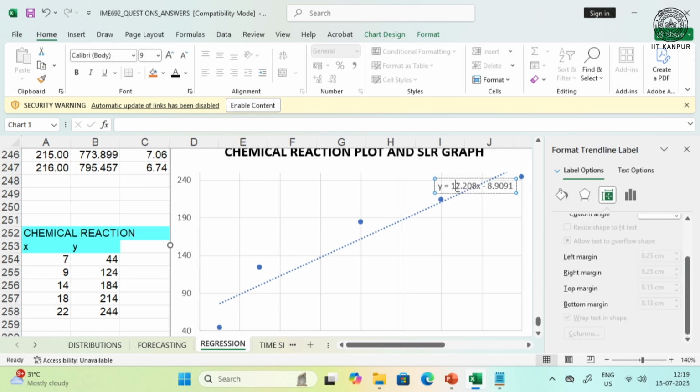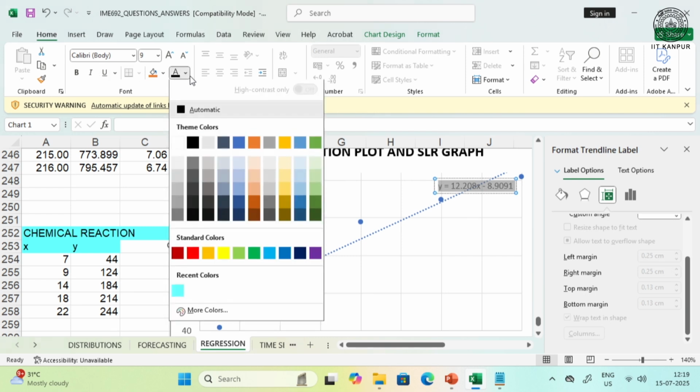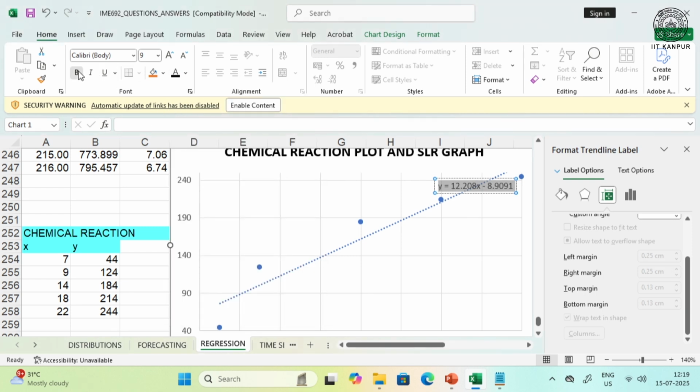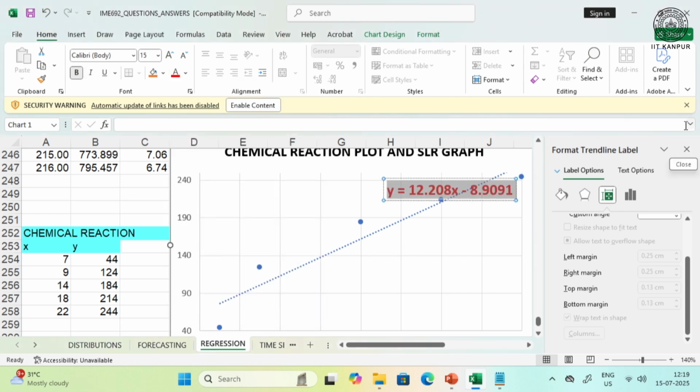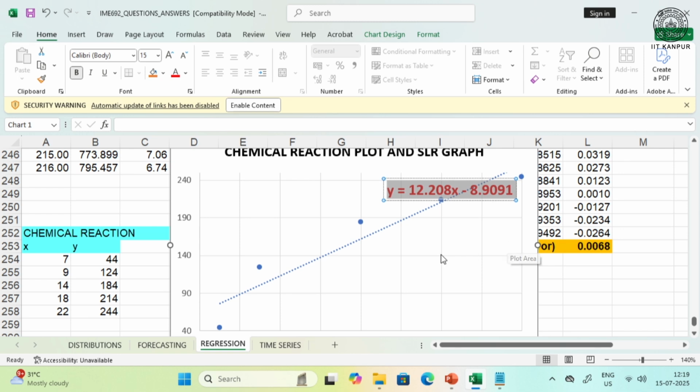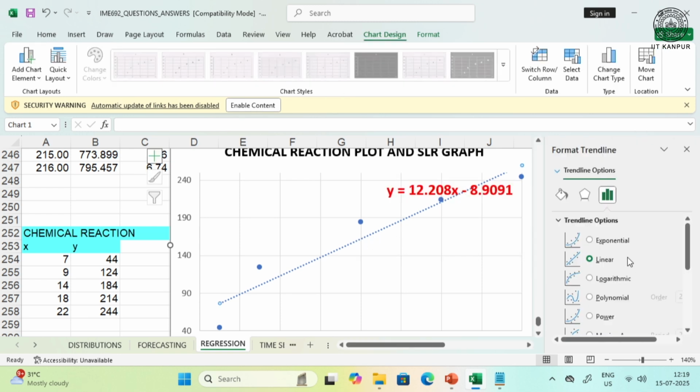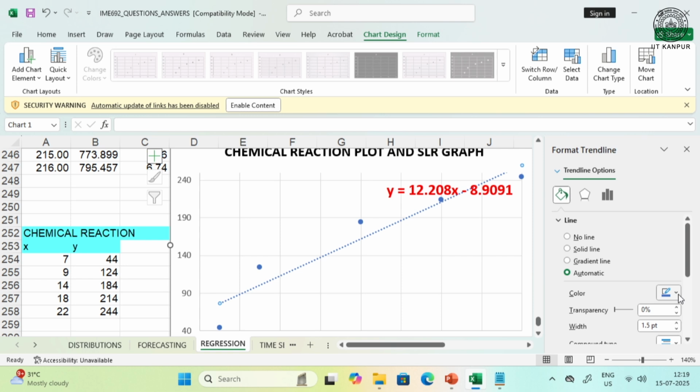I will highlight it and, for example, use the color red. This is the equation, we will solve it, do not worry. And I will use the color red here and increase the width.